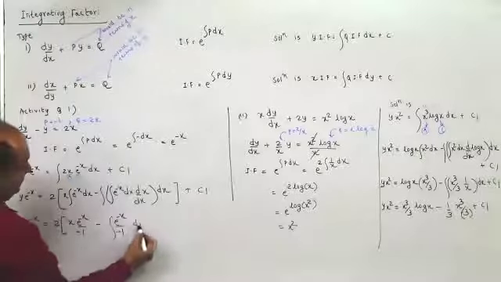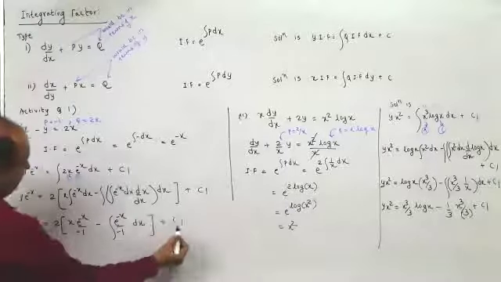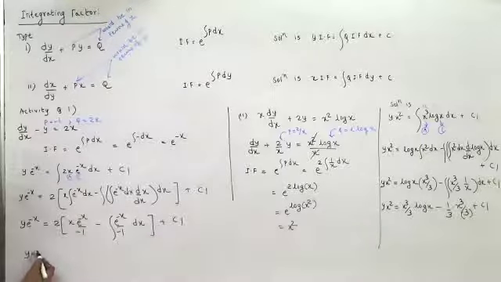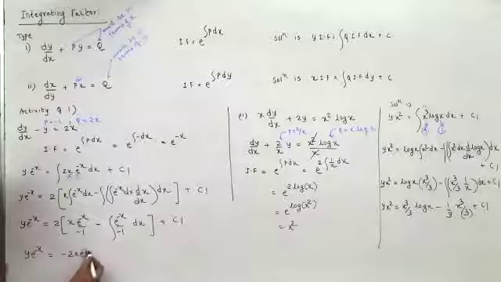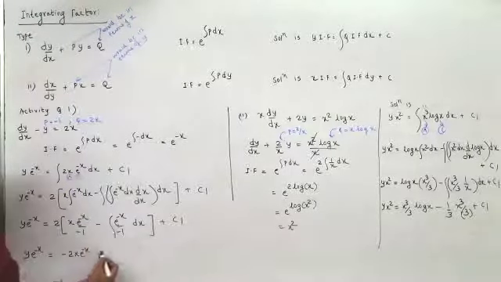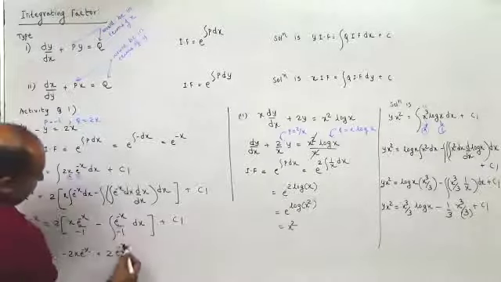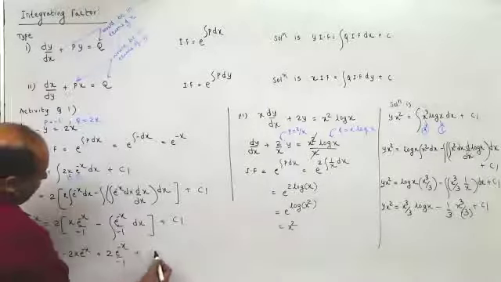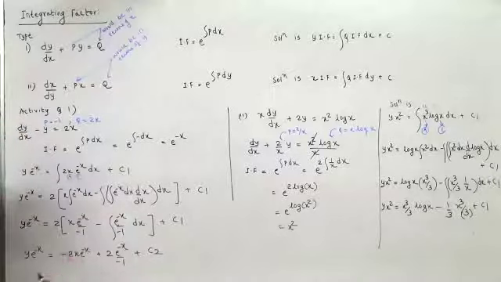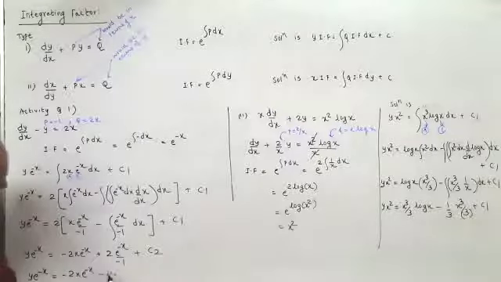Derivative of x is 1. This is integration of dx plus some constant. So y e raised to minus x equal to, this would be minus 2x e raised to minus x. This would be 2 into minus would be plus, and here e raised to minus x upon minus 1 plus some constant. So y e raised to minus x equal to minus 2x e raised to minus x minus 2 e raised to minus x plus some constant.